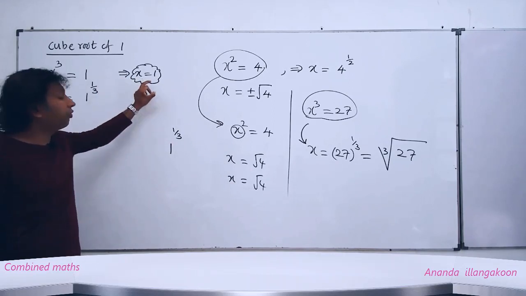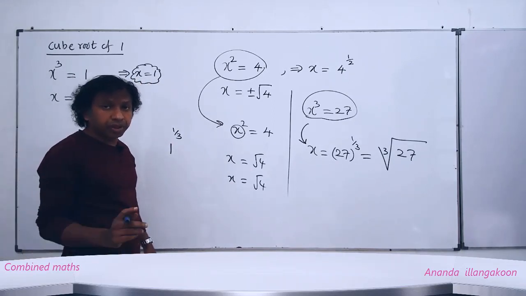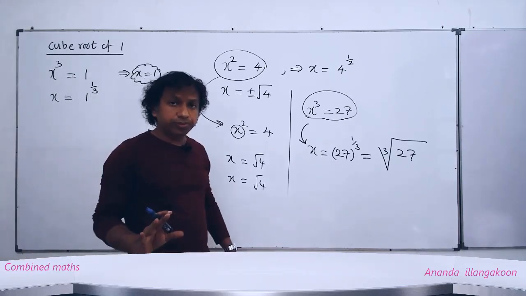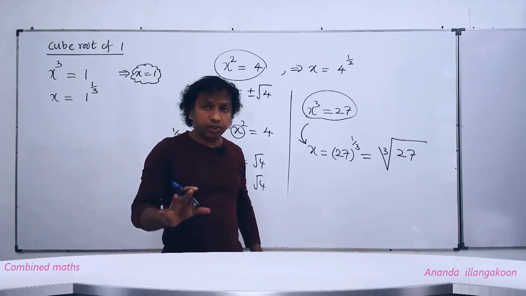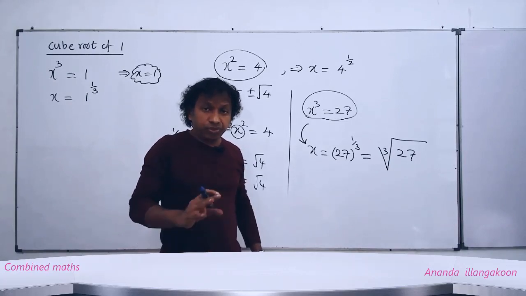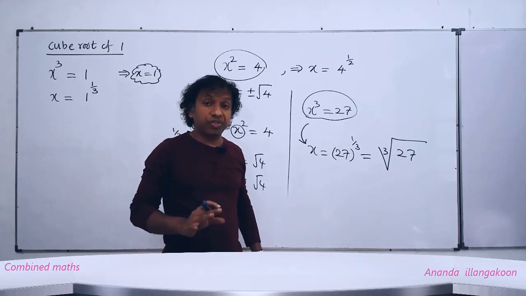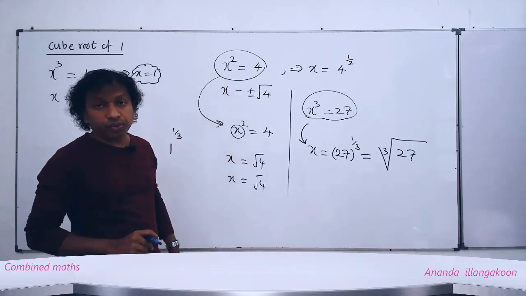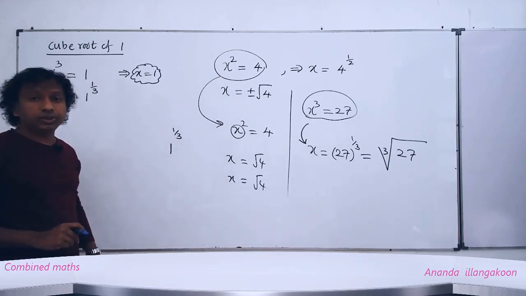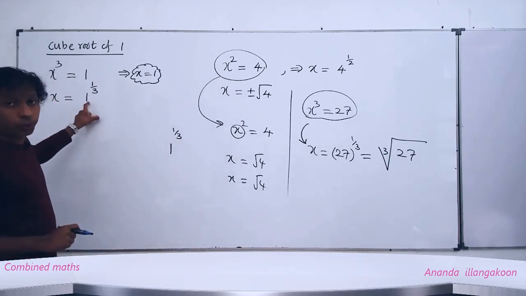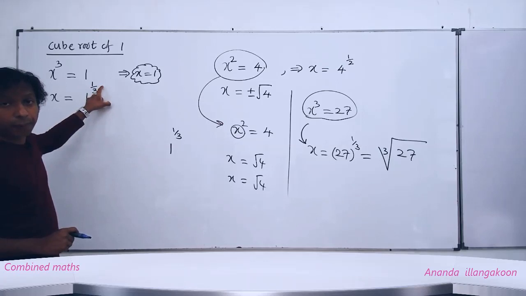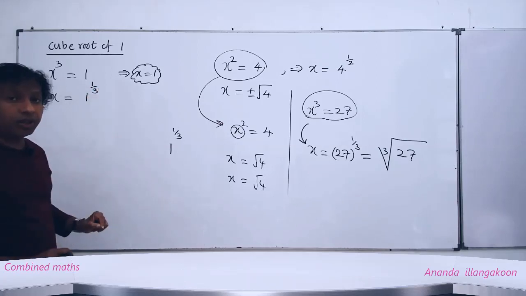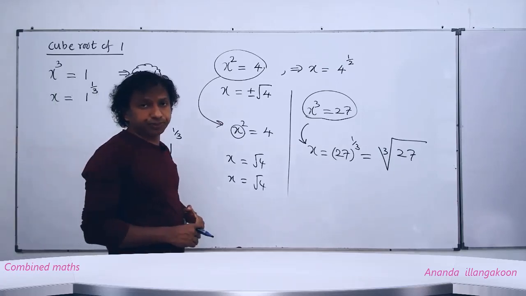That is the real solution for x. But when you solve this x cube equals 1 equation for 3 answers of x, you will see another 2 answers we have for x. Those 2 also give us cube root of 1. Those 2 answers are imaginary answers, complex numbers.